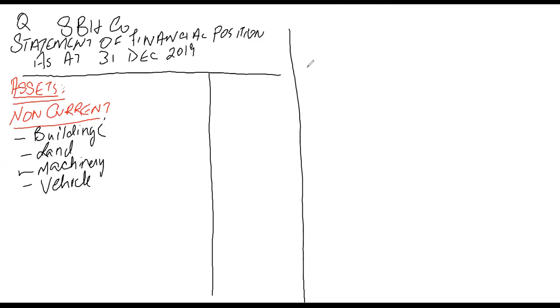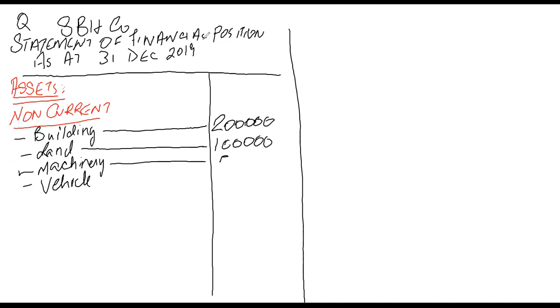Let me write the book value, because we are drafting a question of ratio, so I can directly write the book value. Let's suppose the book value of building is 200,000, and the book value of the land is 100,000.